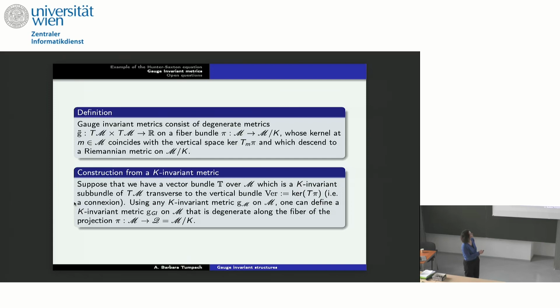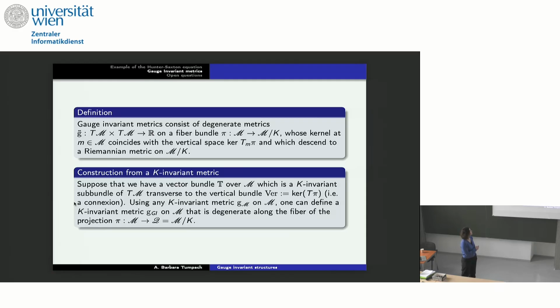The tangent space to the orbit, which is exactly the kernel of this projection, is exactly the kernel of the metric. So this is why it descends to a Riemannian metric downstairs. So how to construct this kind of K invariant metric on the total space M?